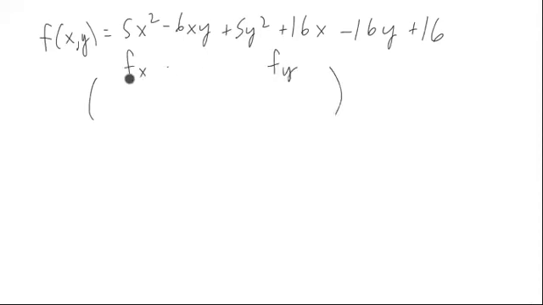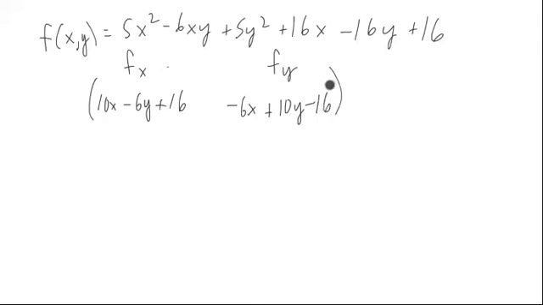With respect to x, we get 10x minus 6y, because we're treating y as constant, plus 16, and then all that's constant so that's gone. For fy, with y as the variable, we get minus 6x plus 10y, minus 16.